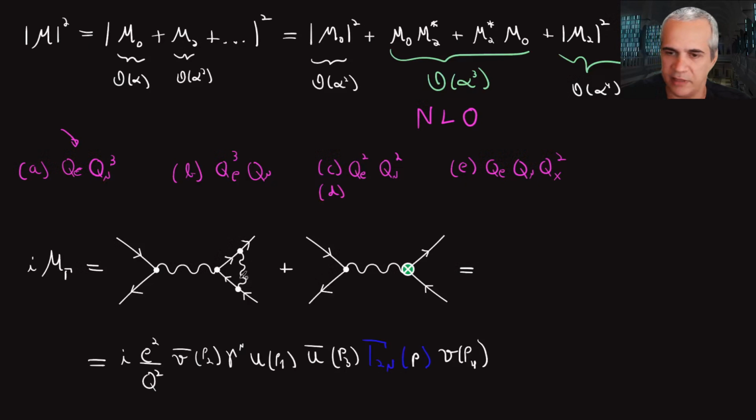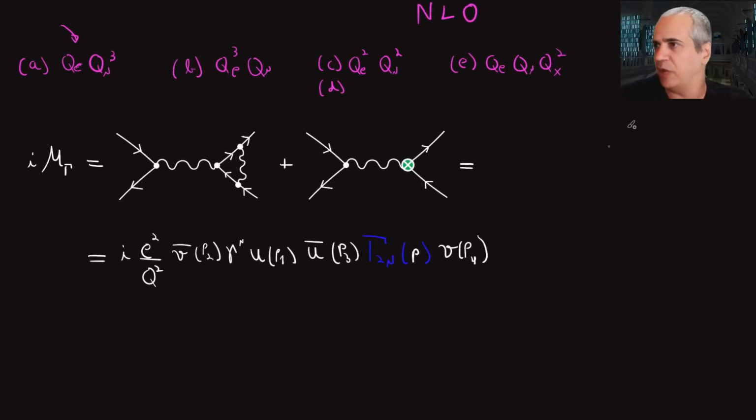So I'm putting this whole loop here, and of course there needs to be a u bar going in and a v going out, and everything else is the same, and this defines the change to the right side vertex. And so that defines gamma 2, and let me write it explicitly here.